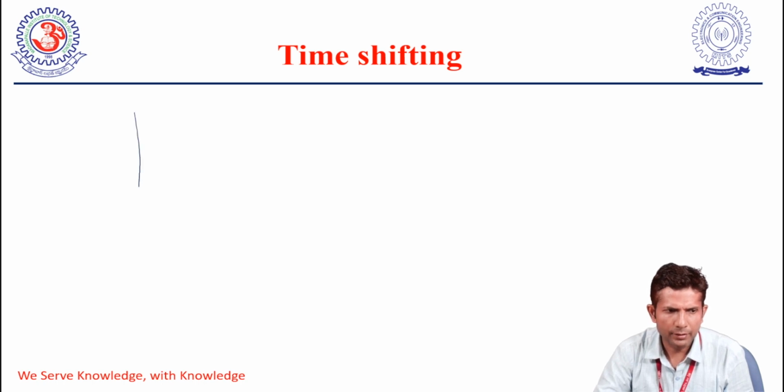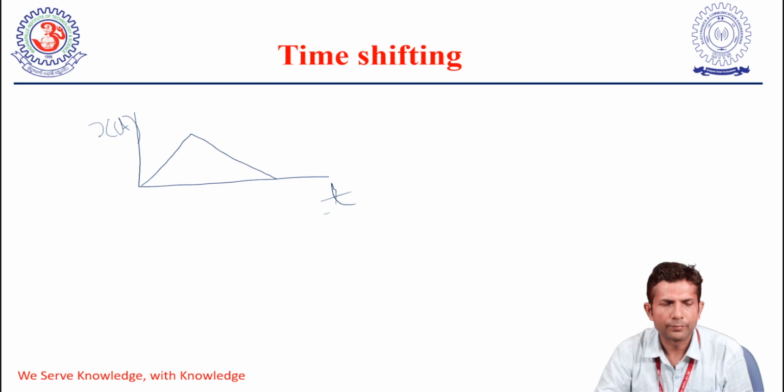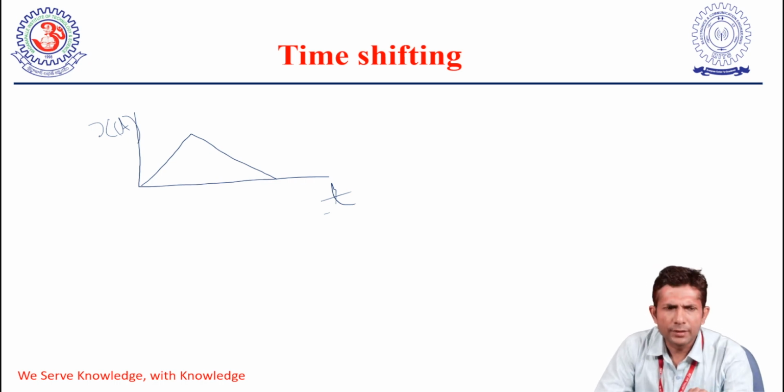To understand time shifting, let us draw this signal x of t. Suppose this is the original signal, x of t versus t, and we have to time shift this signal by 2 units, or 2 seconds.